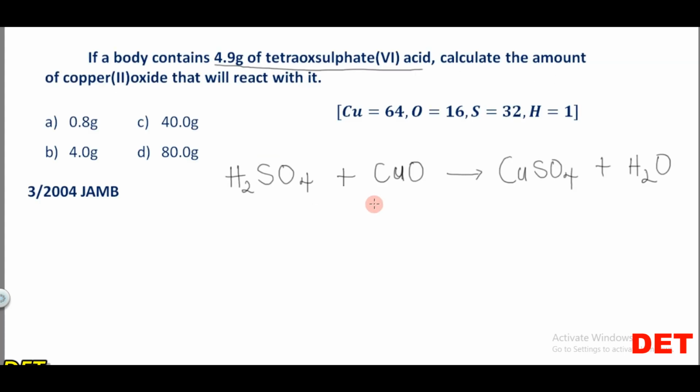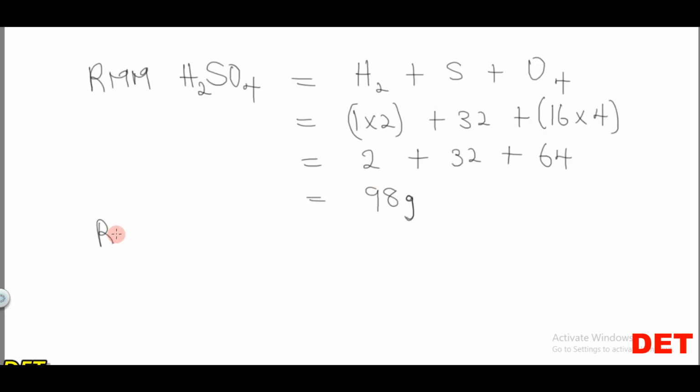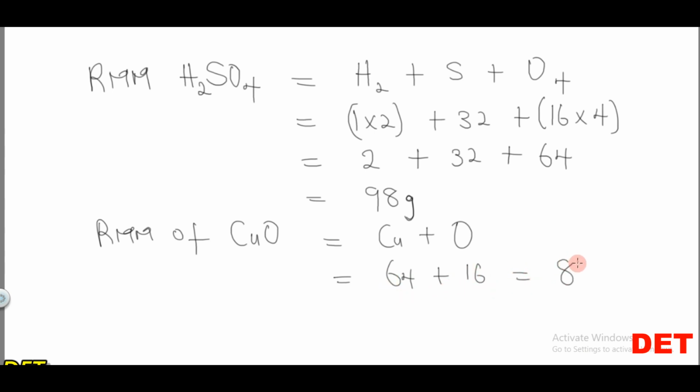Also we are going to calculate the relative molecular mass of copper(II) oxide, because the question says calculate the amount of copper(II) oxide that will react with this acid. The formula for copper(II) oxide is CuO. So its relative molecular mass will be the relative atomic mass of copper, 64, plus the relative atomic mass of oxygen, 16. Adding 64 plus 16, that will be equal to 80 grams.